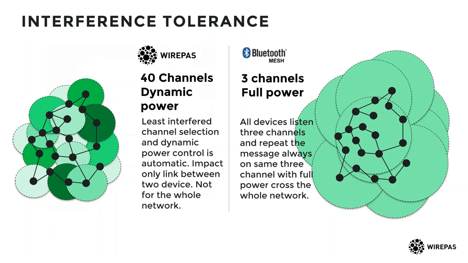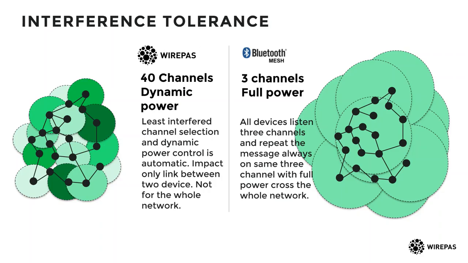So when we look at where Wirepas and Bluetooth stack up on the mesh front, Bluetooth is using those 3 channels, full power, repeating all the messages on all channels, and basically doing a forward fire and forget, and then pushing out repetition through a flooded mesh topology to hopefully get that message out to the network. Wirepas, we take a very different approach to this.